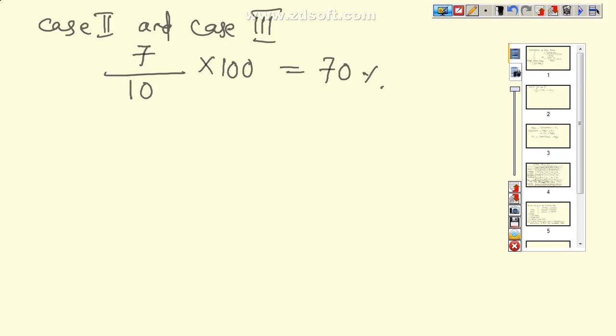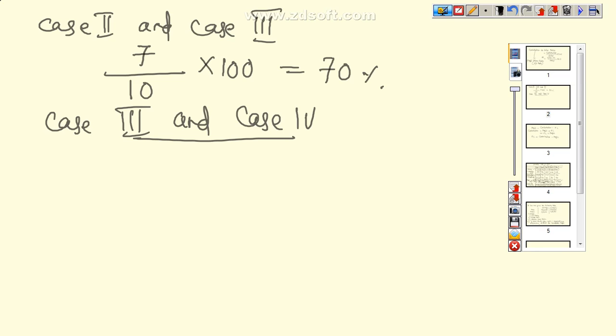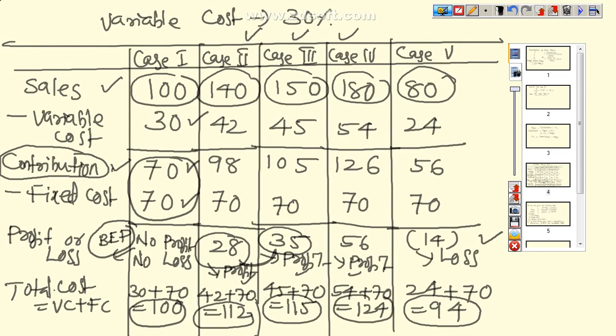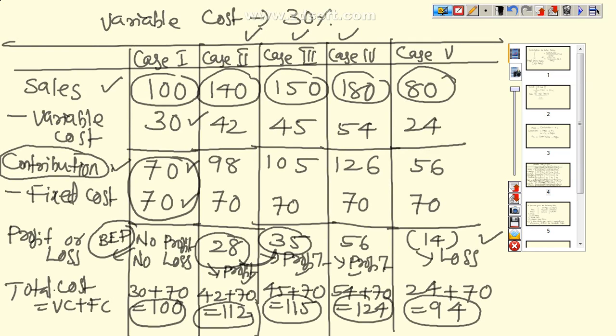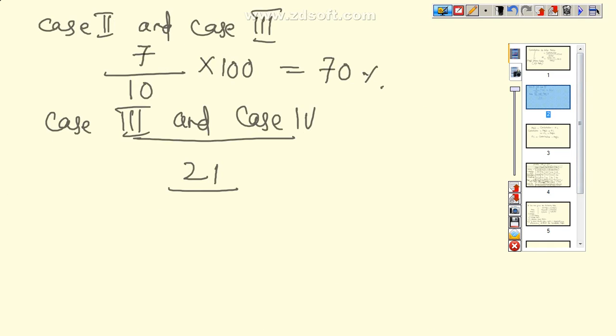Suppose we are taking case 3 and case 4. In that case, what is the difference of profit, 35 and 56? That is equal to 21. So here we can write 21 upon the difference of sale, 150 and 180, that is equal to 30.